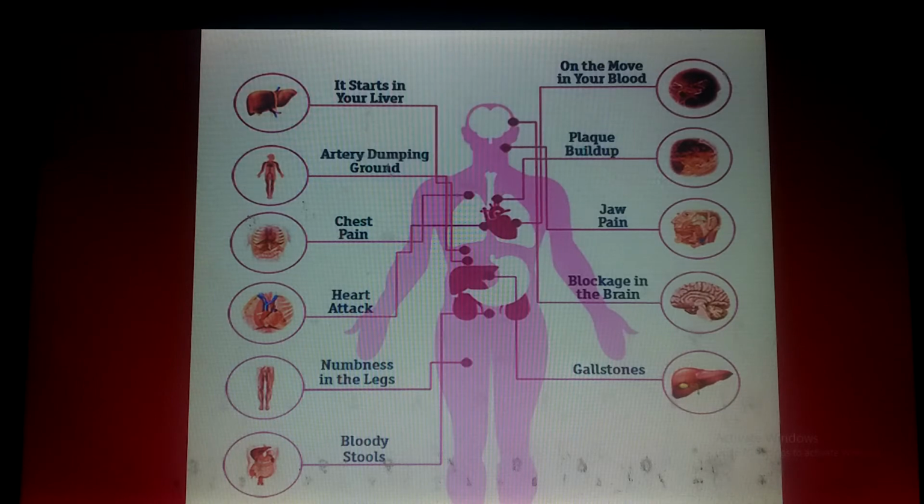And you can see here there is another sign, bloody stools. So these are all the harmful effects of the cholesterol on our body, which are very common. Okay.